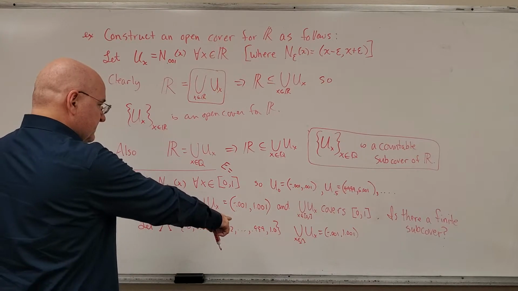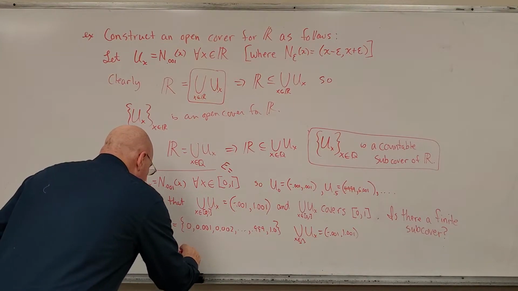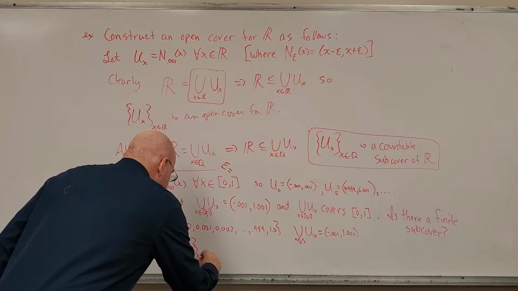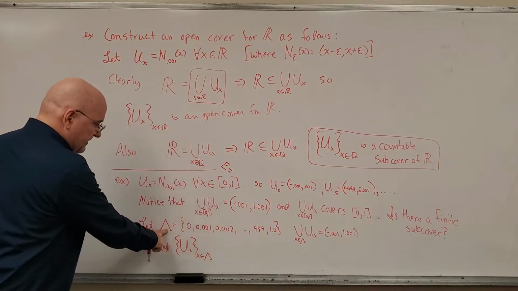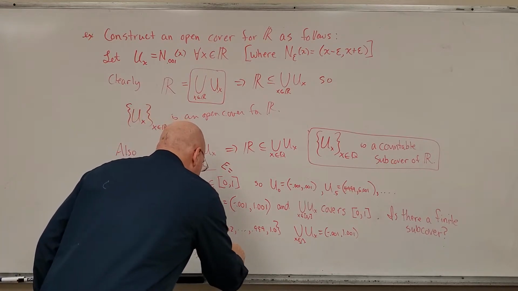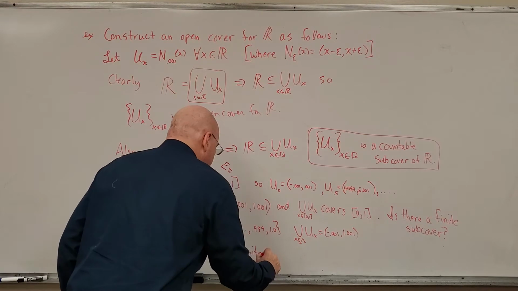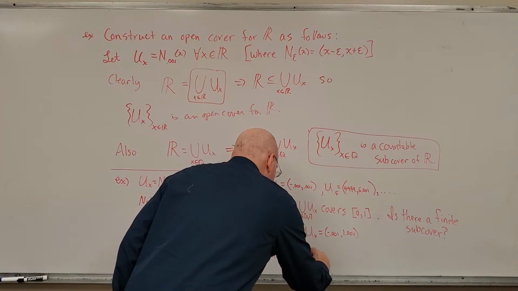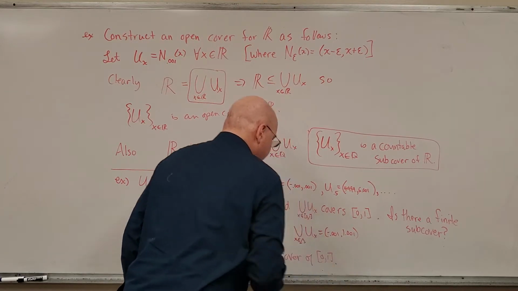Let that, and let's say U_x, a collection of sets where x is taken from this lambda, is a finite subcover of our set E, which for this problem was the interval from 0 to 1.